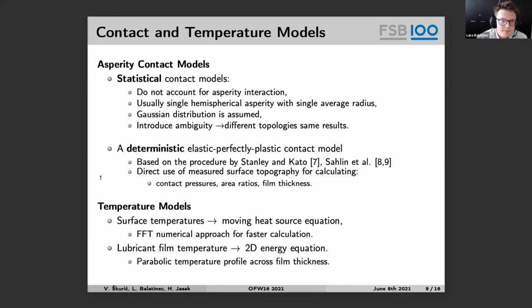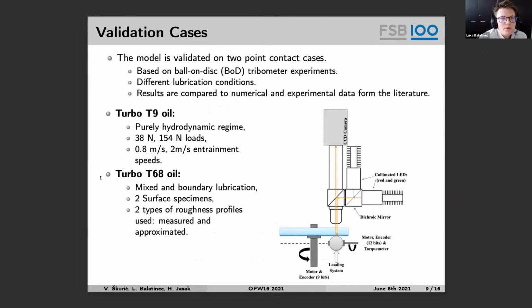Now to talk about the validation cases. Our lubricated point contact model is validated on two point contact cases. Both of them are based on a ball and disc tribometer, but for different lubrication conditions. The numerical results are compared to both numerical and experimental data found in the literature. And here we can see the two test cases used.